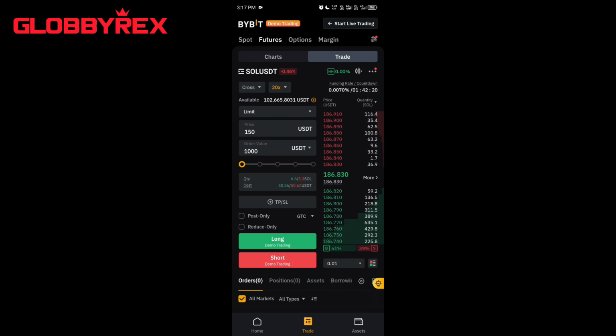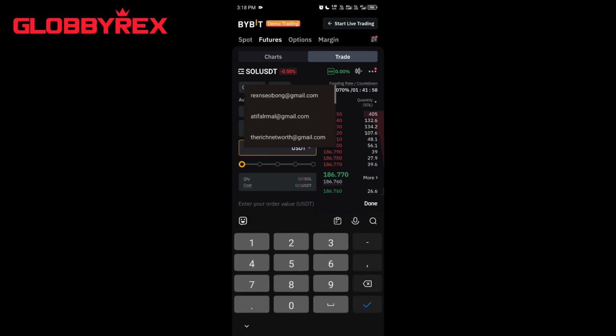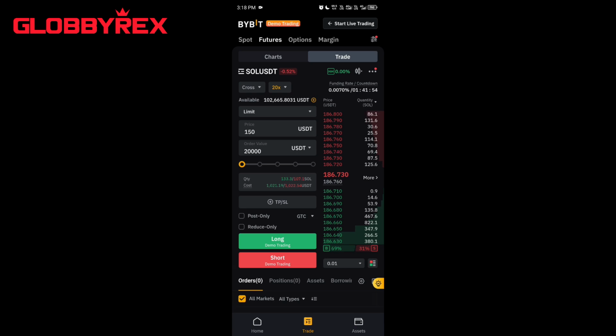But always look down. It doesn't matter which broker you are using, it's all the same: Binance, Mexi, BitGet, BingX, whatever it is. Look down, you're going to see cost. That is how much you're actually opening this position with. And we said we want to use 1,000, right? Correct. So let's put it at 20K. Now you can see the cost here says 1,021.19.